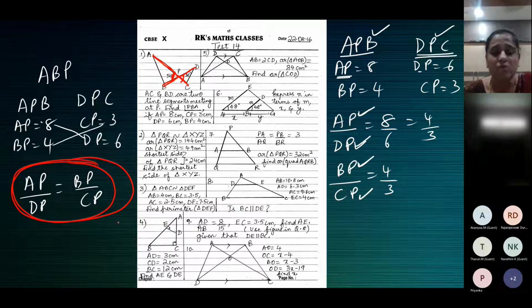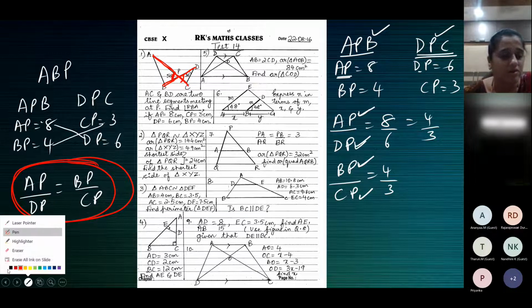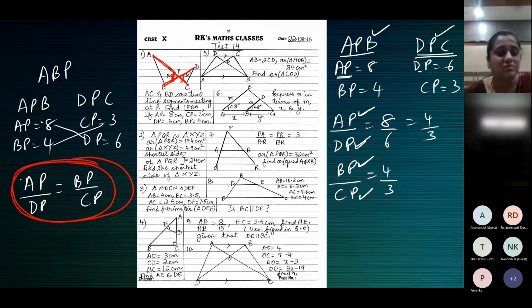Now how do you write the order? Once the triangles are similar, how do you write the order? That's very important. You can write it from this proportion itself, children. Here, AP, just change this to PB. BP and PB are the same side. That doesn't make any difference. Side AB and BA both represent the same side.